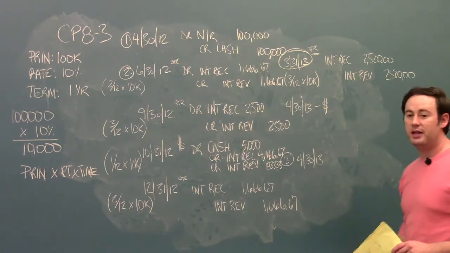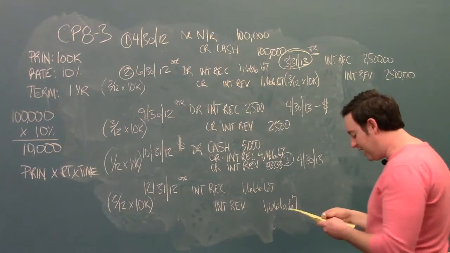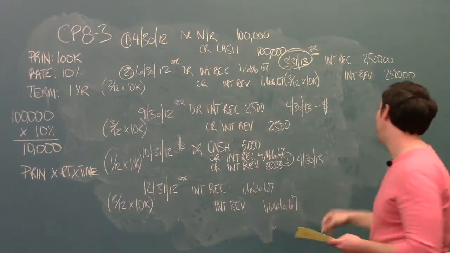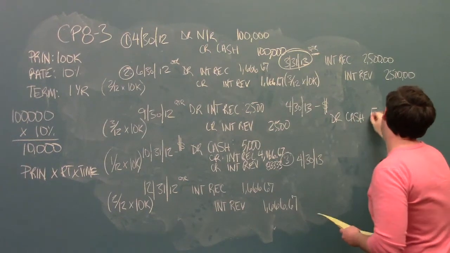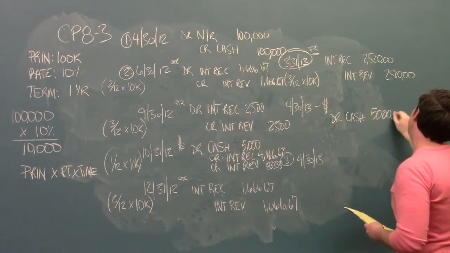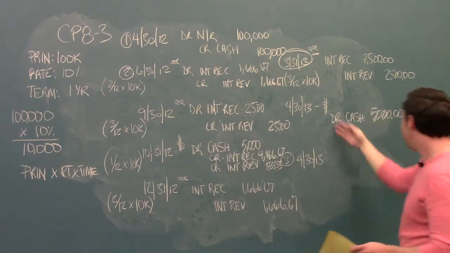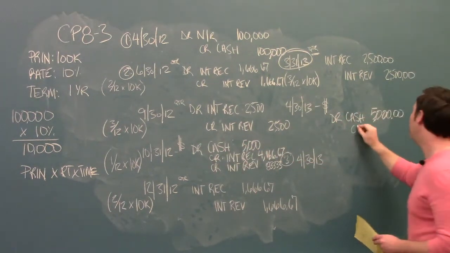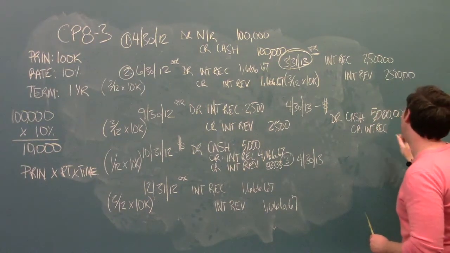Now, on April 30th, 2013, we get another cash payment. Again, this cash payment is going to be the exact same as what we had here. We would have debited cash, our 5,000. It's our second half, right? We said that we received 5,000 on October 31st. Now we receive the other half. We credit our interest receivable, the amount that we said we had the right to receive, right?